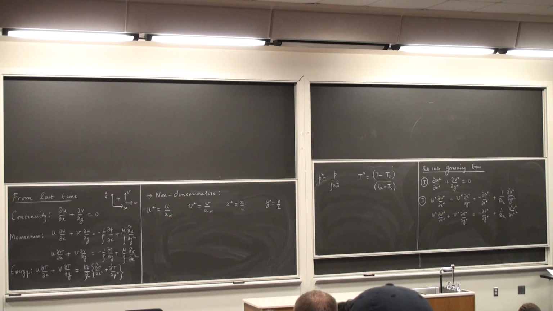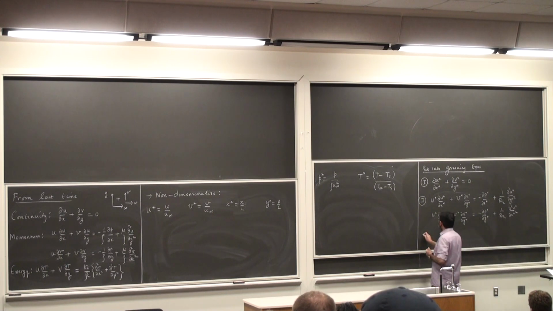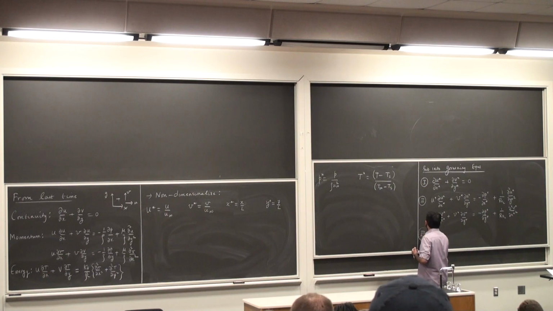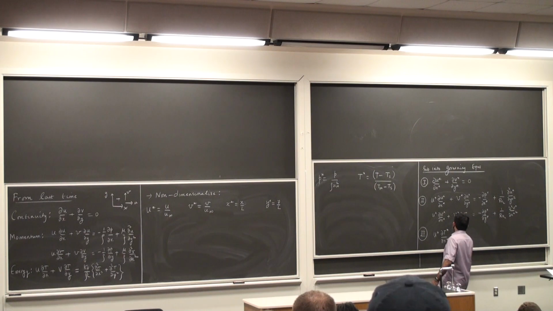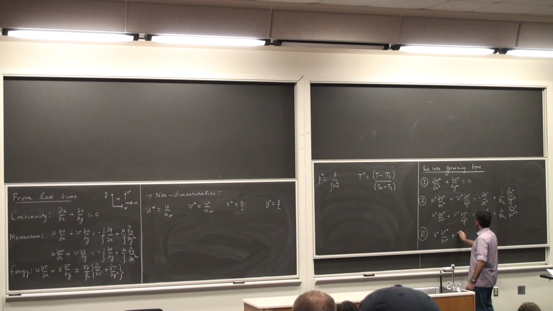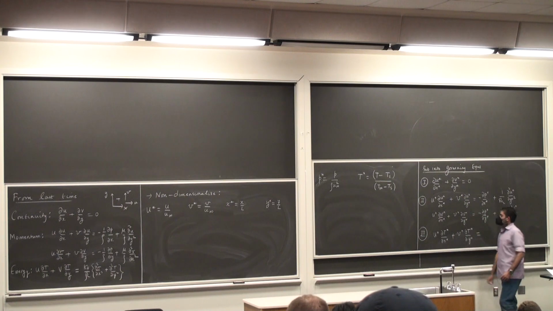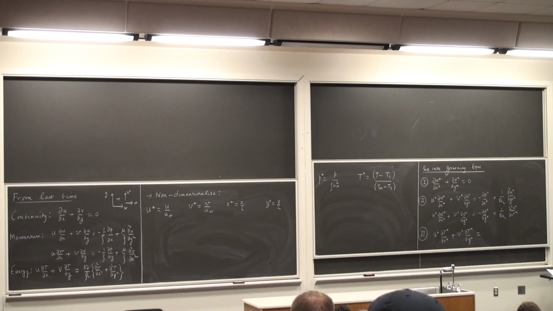And I partially showed the energy equation being non-dimensionalized. This was the fundamental form of that. u star dt star by dx star plus v star dt star by dy star, and then when we perform the non-dimensionalization of the energy equation, we end up with the combination of the Reynolds number and the Prandtl number.